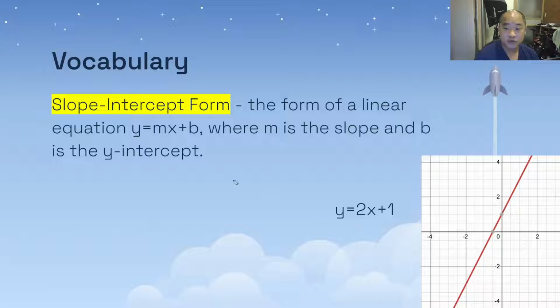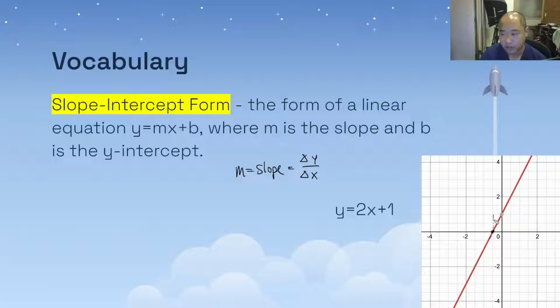In slope-intercept form, m is the slope, or how much the line goes up or down and then to the right. So the slope is equal to the change in y over the change in x, which we've talked about a couple times at this point, right?